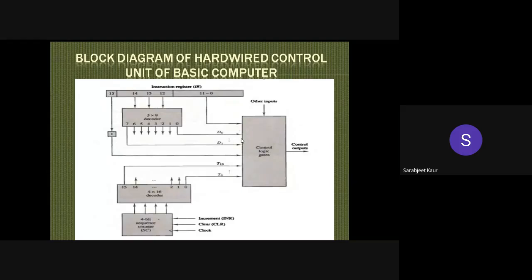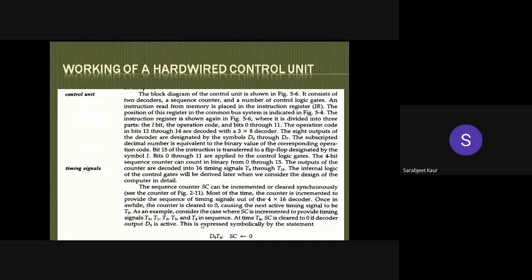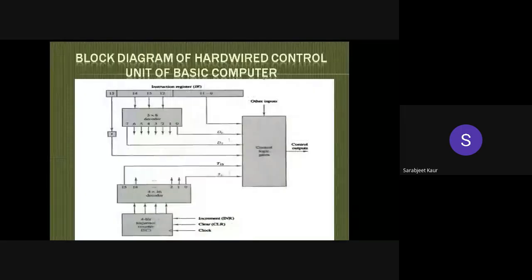So this statement means that when the opcode is 011, obviously the third output, that is D3, will be selected, and the sequence counter will be 0100, because at that time T4 will be active. Is this clear to you? Yes, ma'am.